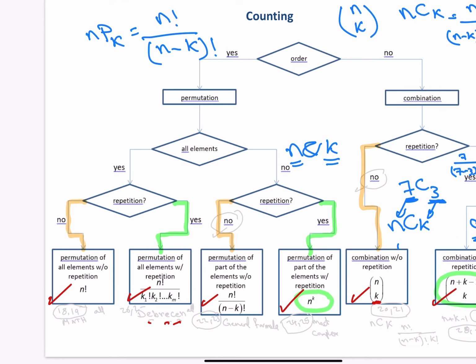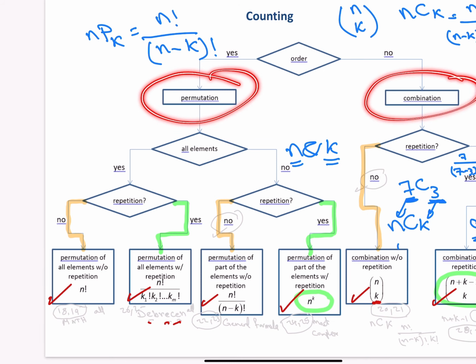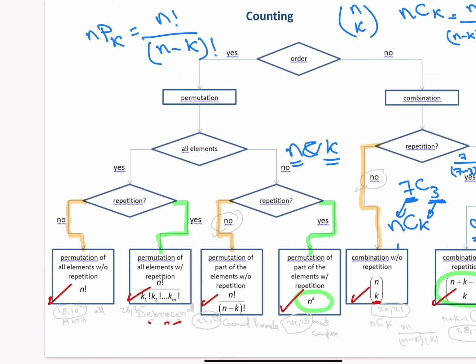By reaching this point, I hope that all of us understood counting, permutation, combination, and how to differentiate between them, how to answer the problems, and how they can be classified. In case we are using all the elements, we'll have only one case and the general formula if there is a repetition.